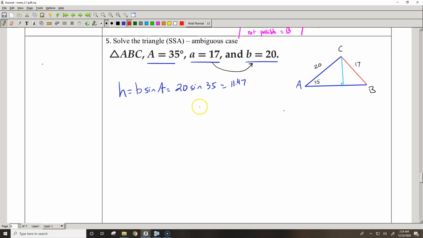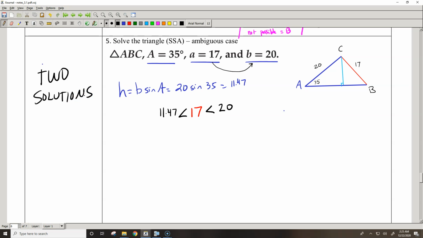So to summarize here, the A value, which is 17, is greater than the height of 11.47, but it is also less than the other side length, side B, which is 20. So because of that, we're going to have two solutions.